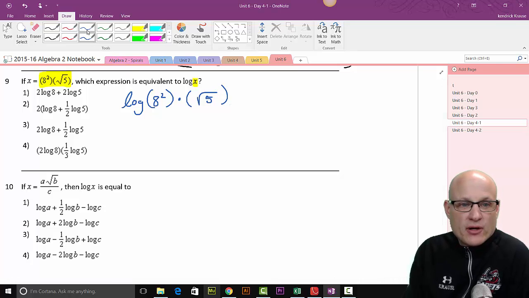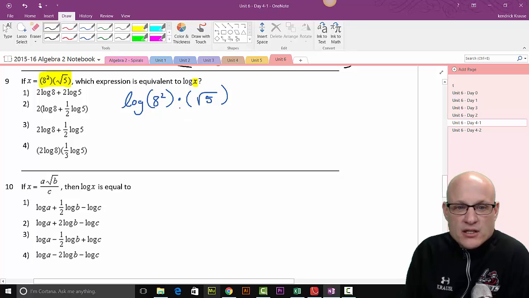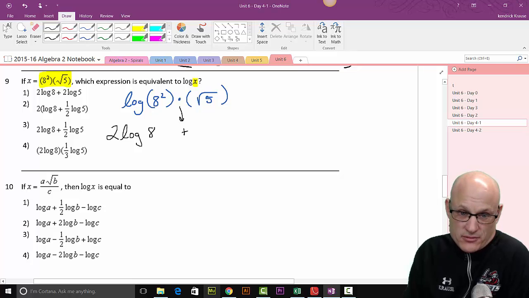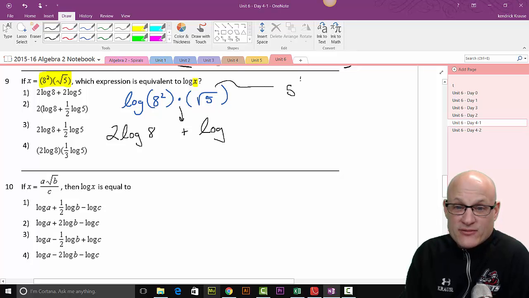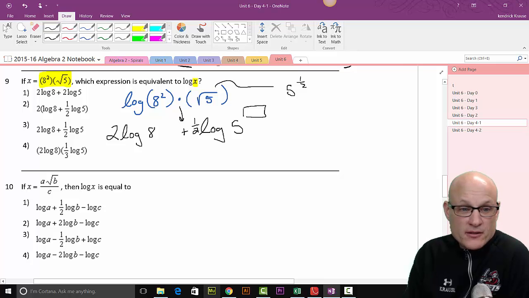Let's start splitting stuff up here. This is addition. So this becomes the log of 8 squared, but the 2 goes out front, plus the log. Now remember, this is the same as 5 to the 1/2. So this is log 5 to the 1/2, but normally I'd put that 1/2 here, but I'm going to toss it out front. Is that an answer?